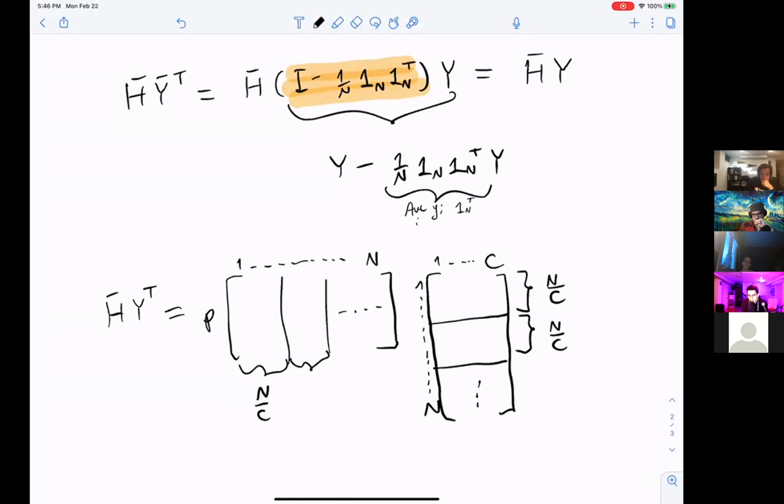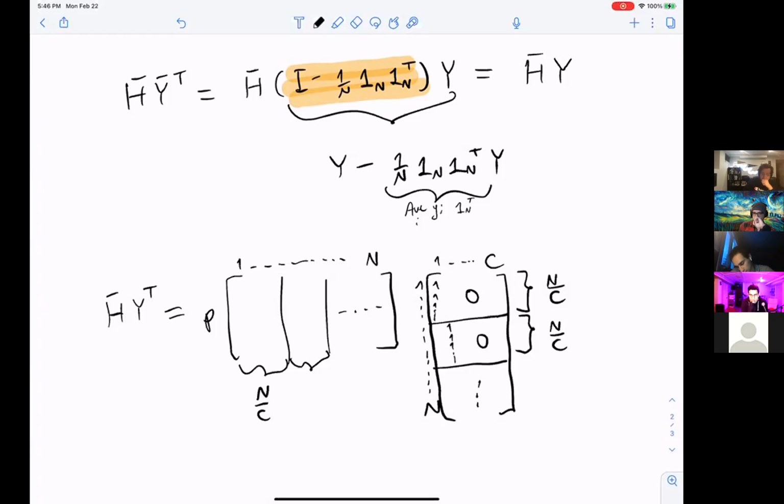Now imagine that we try to put here the entries of this Y transpose matrix. What would we get? Once in the first column, once in the second column. So basically you would get 1, 1, 1, and so on, then 1, 1, 1, and so on, and here everything would be 0.